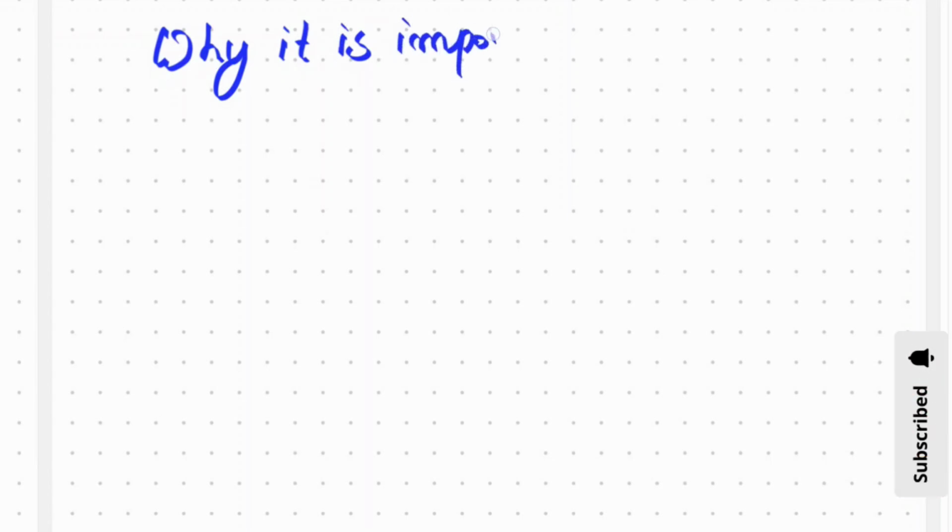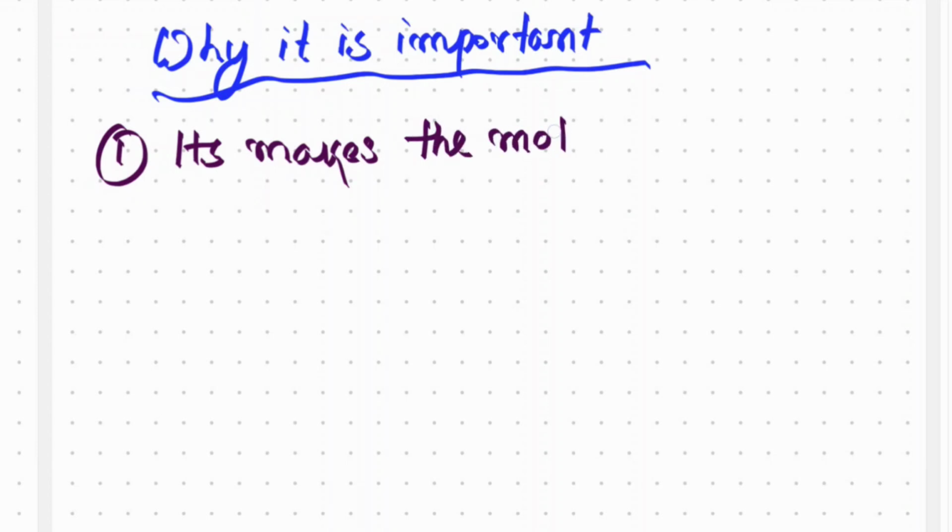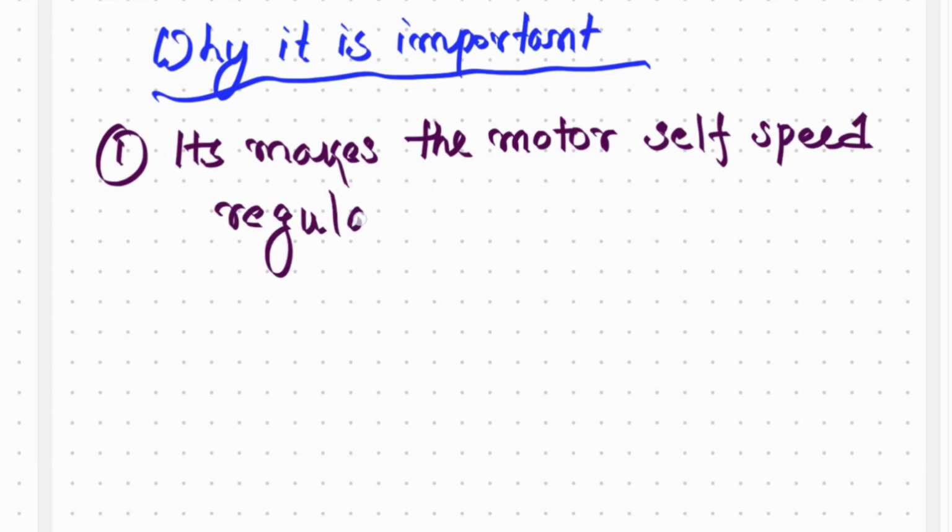Why is it important? The first reason is that it makes the motor self speed regulating.